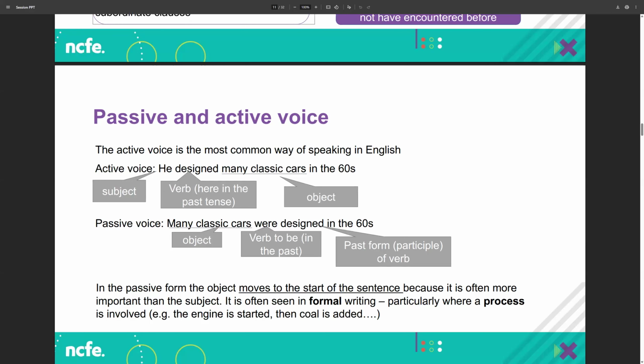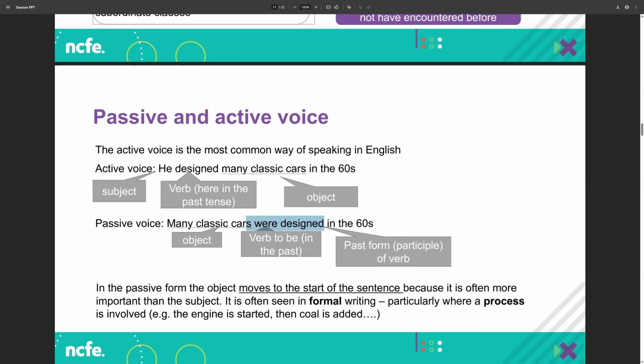The verb is important, where it will be placed. You might be looking at the verb and it says designed, and then it's also designed here, so you think it's the same thing. It's not the same thing. The word designed is the past participle.